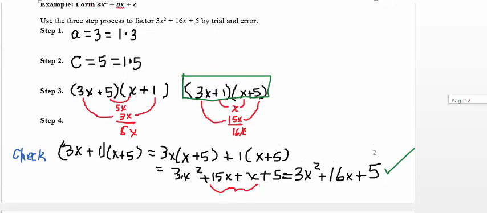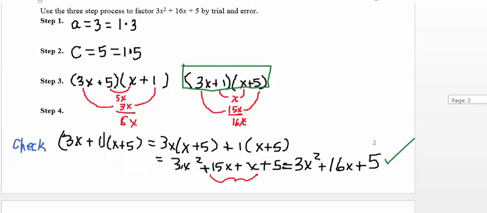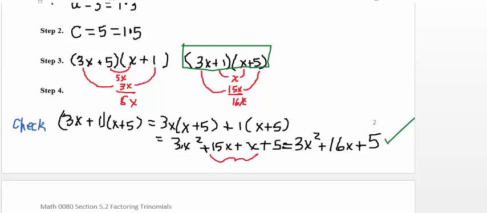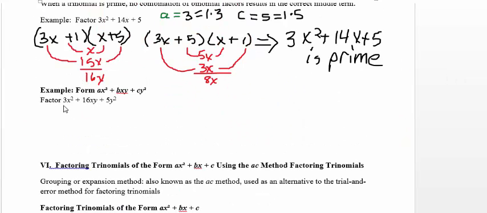So notice that the coefficients in this next problem, 3, 16, and 5, are the same as a problem we did earlier. The only difference is the presence of y in our polynomial.